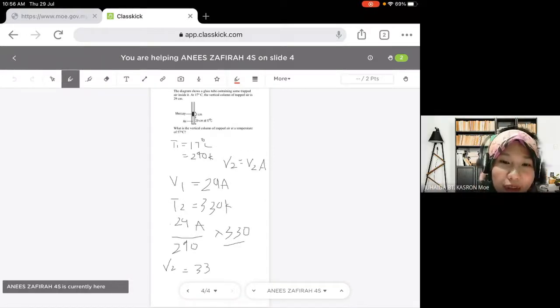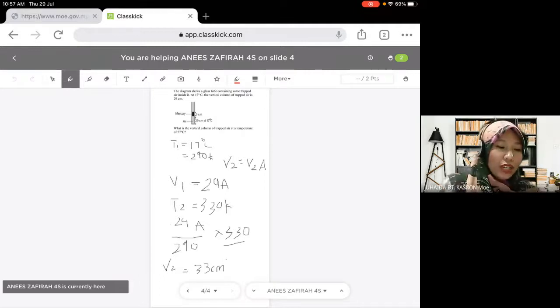The unit of the volume. Everyone, don't forget to put the unit. Centimeter. Okay, centimeter. V2 actually is volume, but when we cancel the area, we can use the height to represent the volume, so no need to put the cube.